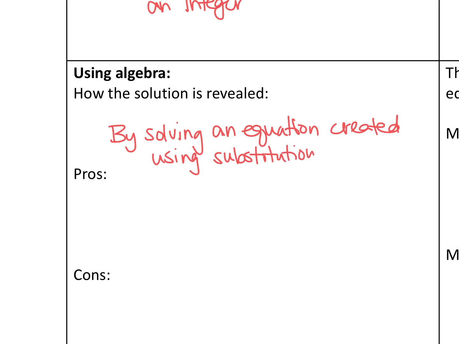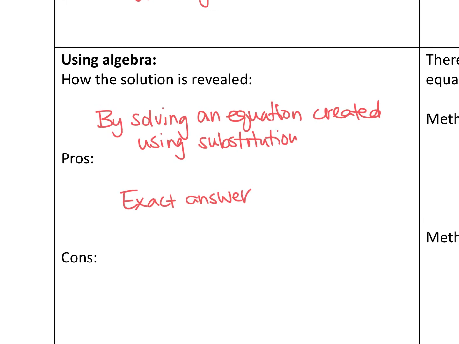A pro of this is that you will always get an exact answer, even if it's a decimal. A con of using algebra is you can't really visually see what's happening like you can in a graph or table. Not visual.